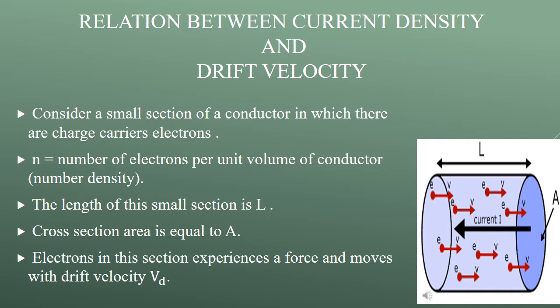We have taken only a small section of the conductor whose length is L and cross sectional area is A. All these electrons in this section experience a force and start drifting with drift velocity vd. So they will cross this area. We want to find how much charge crosses in how much time.